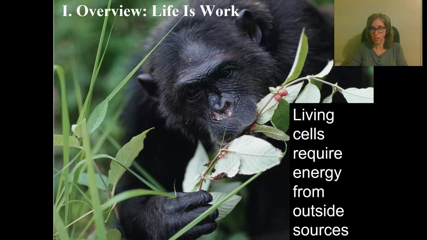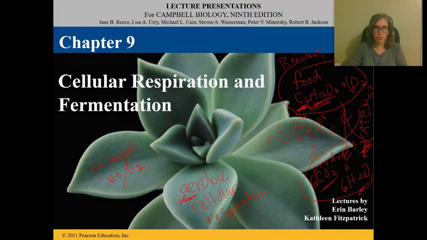So everybody does cellular respiration. Not everybody does aerobic cellular respiration, but everybody does one form of cellular respiration or fermentation, which is a process where you're also breaking down food, glucose, to make some ATP. So everybody does either aerobic cellular respiration or anaerobic cellular respiration or fermentation. Some organisms do more than one.